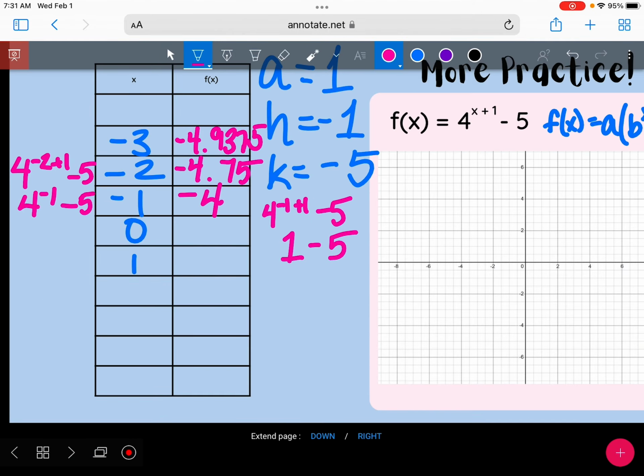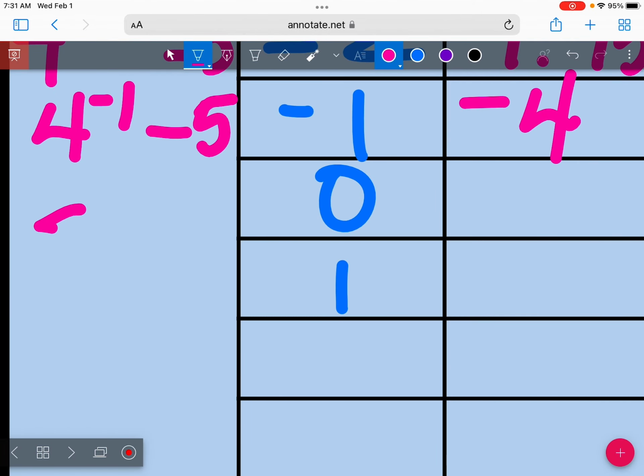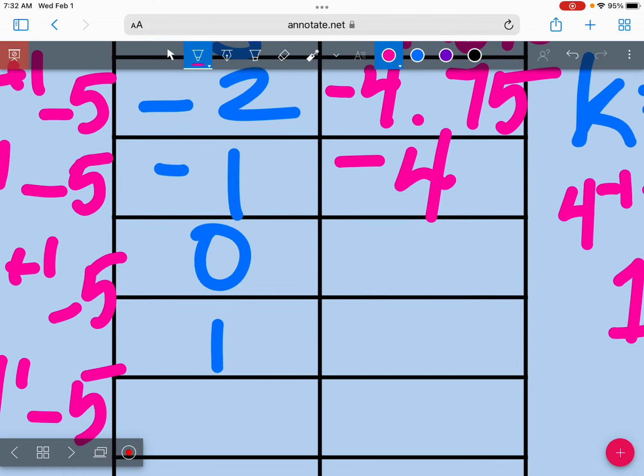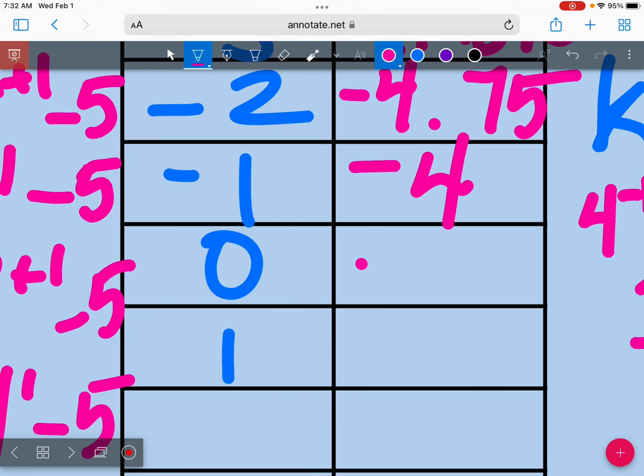All right. And then 4 to the 0 plus 1, minus 5. So we get 4 to the 1st minus 5. What's 4 to the 1st minus 5? 4 to the 1st is 4. 4 minus 5 is -1.